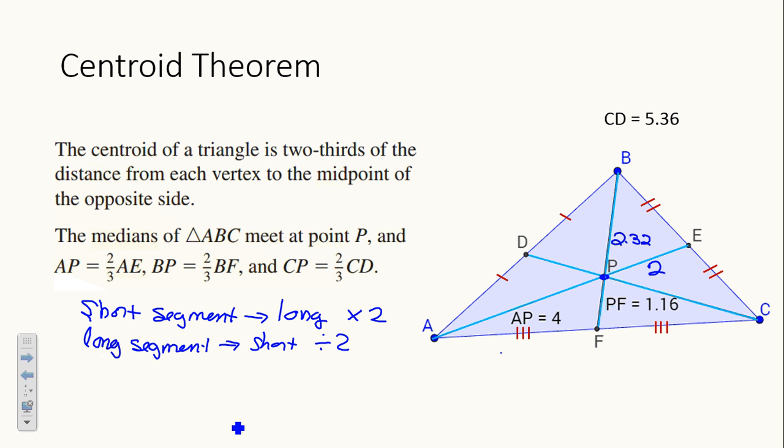But is that going to work here? No. So what else can I do? Divide. 6 divided by 3 gets us 2. So to get from the whole median to the short segment, we're going to divide by 3. The short segment's your key. It makes everything easy.